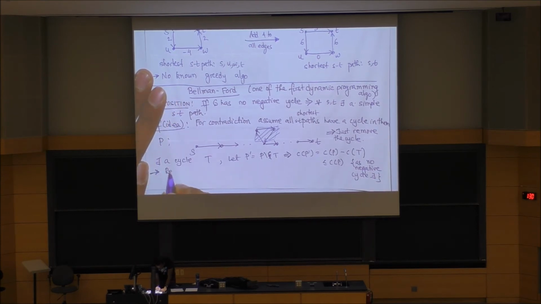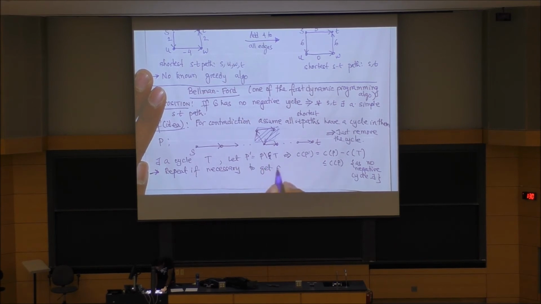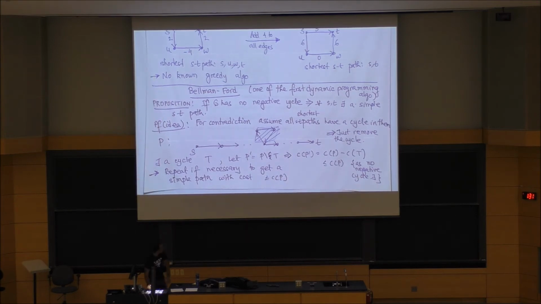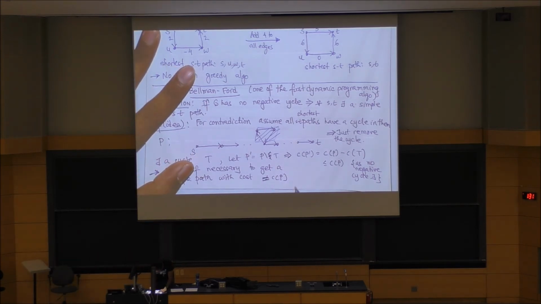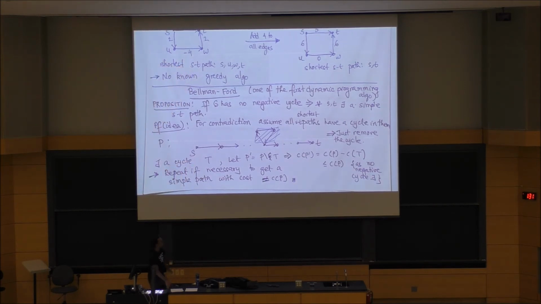And so you repeat, if necessary, to get a simple path with cost less than or equal to C of P. But since we assume that the path P is an optimal shortest path, the cost actually has to be strictly equal to the cost of the path. So in particular, you get a path whose cost is the same as the original path which had a cycle in it.